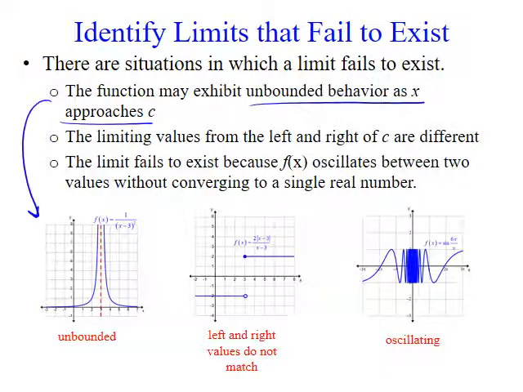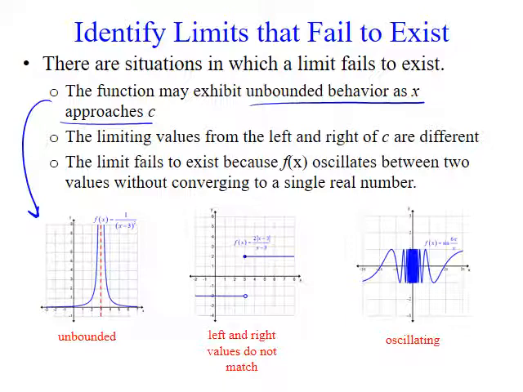And this example is shown here. Basically what this means is our function either increases or decreases without bound. And if that's the case, the intended height of the function cannot be determined. If we can't determine the intended height of the function, the limit does not exist.